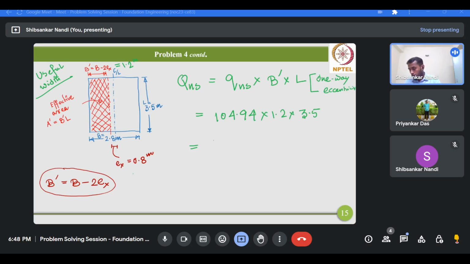So 104.94 multiplied by 3.5 multiplied by 1.2. It will give you the safe load that can be applied with a factor of safety of 2.5, which is 440. Okay, so this is the answer.